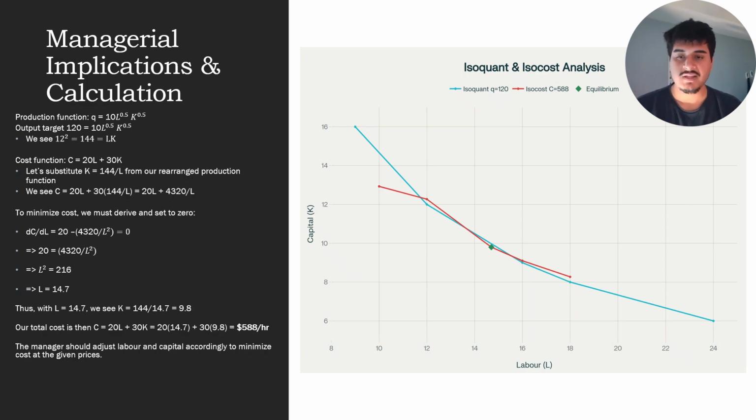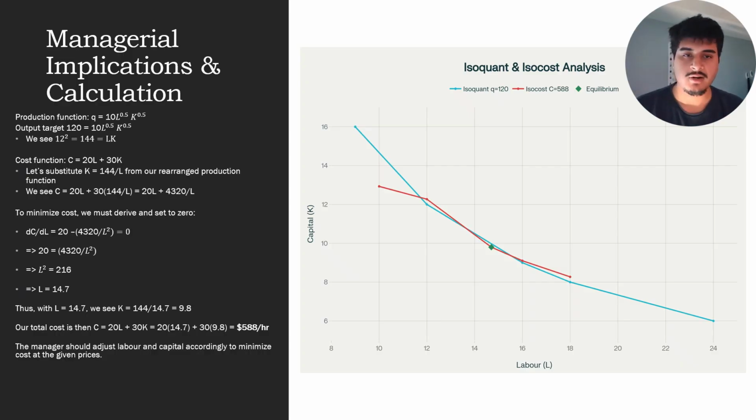Our total cost is then C equals 20L plus 30K, which equals 20 times 14.7 plus 30 times 9.8, about $588 an hour, our optimal minimized cost with our optimal labor and optimal capital. The manager should adjust labor and capital accordingly to minimize costs at the given price.